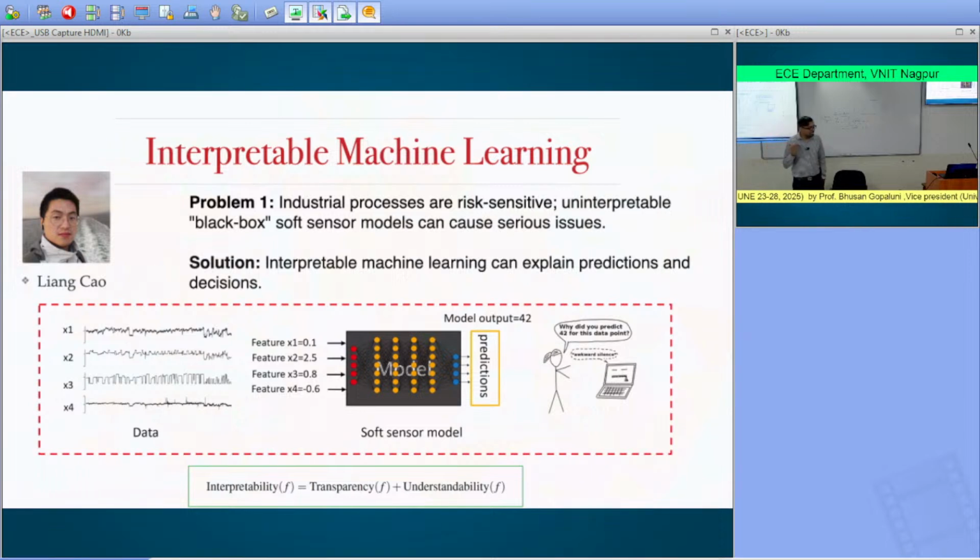Another student of mine, I don't have his work on these slides, designed a very interesting control algorithm, a reinforcement learning algorithm. The reinforcement learning agent controls the process, but it also prints out in text why it's taking certain actions. He used a language model in conjunction with reinforcement learning. With traditional reinforcement learning algorithms, we don't know why they're doing what they're doing, right?